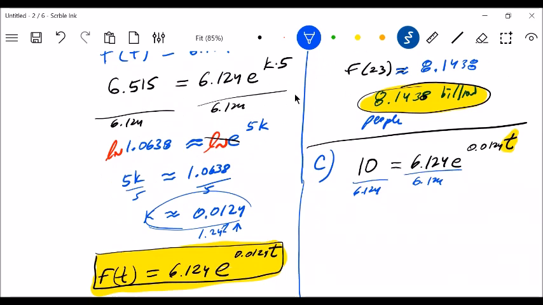So 10 divided by 6.124 is 1.6329, which is equal to e to the 0.0124 t.